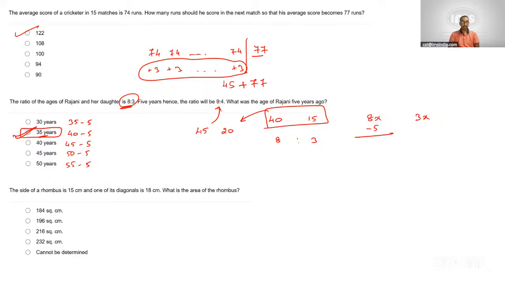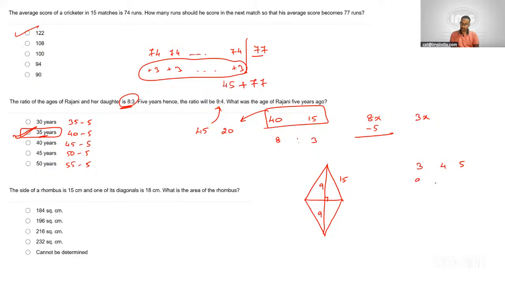The side of a rhombus is 15 and one of its diagonals is 18. What is the area? I think this is fairly an easy question. If we make a quick diagram, the side is 15. If I draw the diagonals, one of the diagonals, let me assume the longer one is 18. So this would be 9 plus 9. I know by Pythagorean triplets, 3, 4, 5 is a triplet.